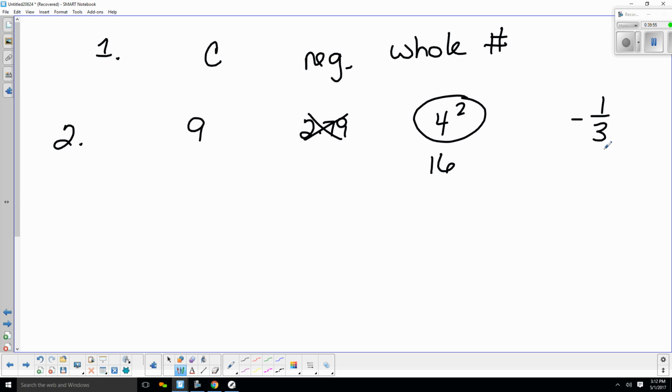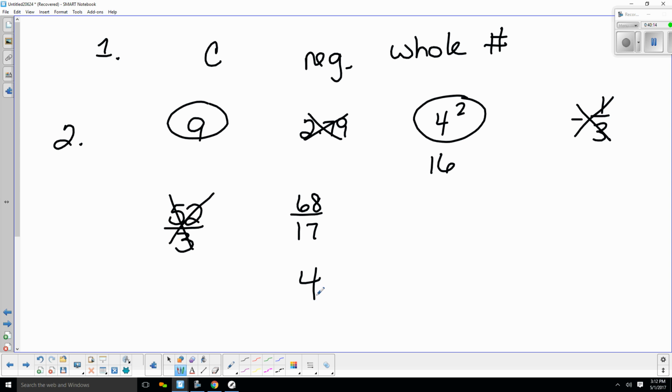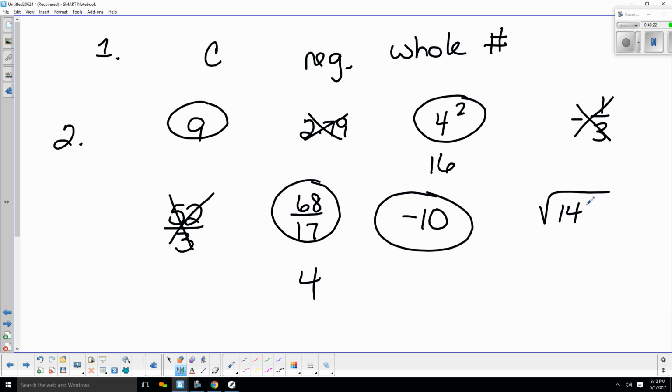Negative 1/3, when you divide this out, it's a decimal, so that is not. 52 over 3, when you divide this out, you get a mixed number, so therefore it is not, because it would be a decimal. 68 over 17, when you divide this, you get 4, that is an integer. Negative 10 is an integer. And the square root of 144, which says what number times itself will give you 144. We know that's 12. That is also an integer. So you had 5 possible answers for number 2.